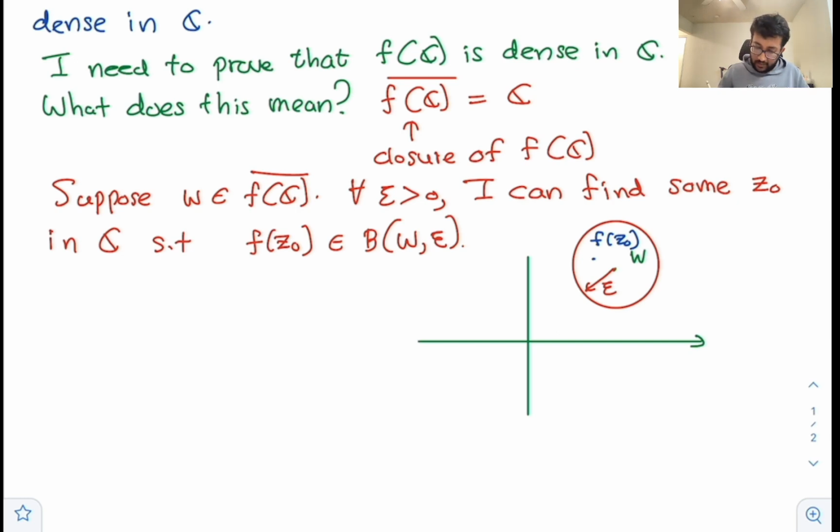So I'm using the method of contradiction.